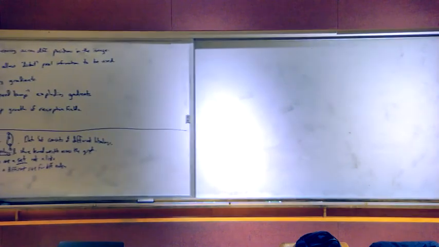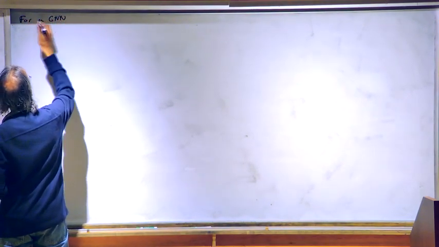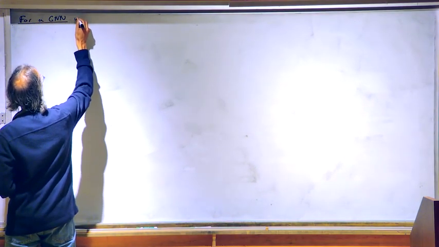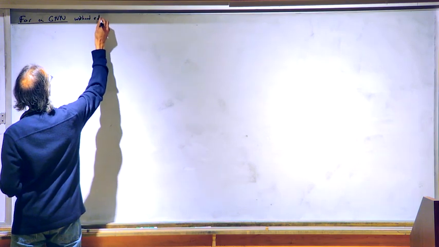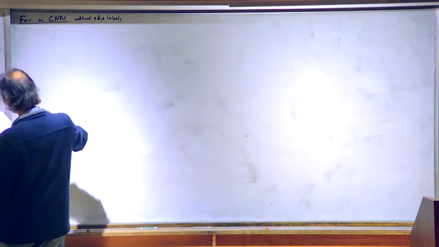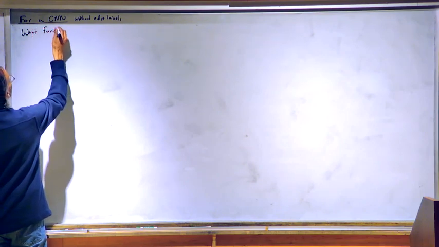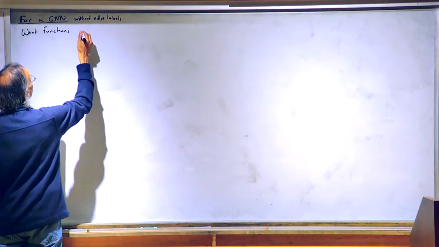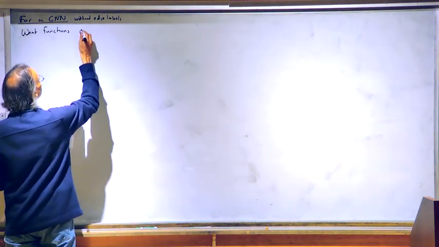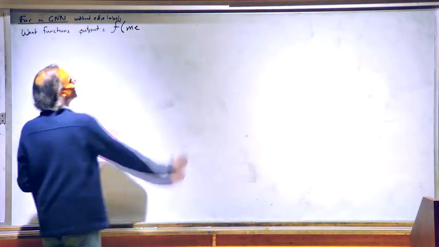So now I'll just talk about these. So for a GNN without edge labels, we want functions that are given output some function of the data that's here.